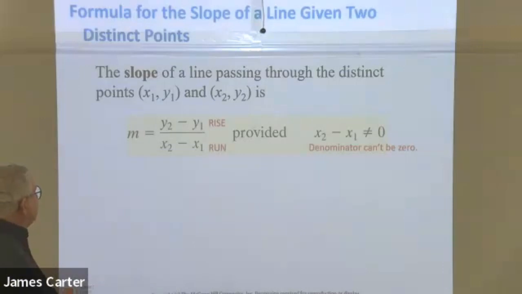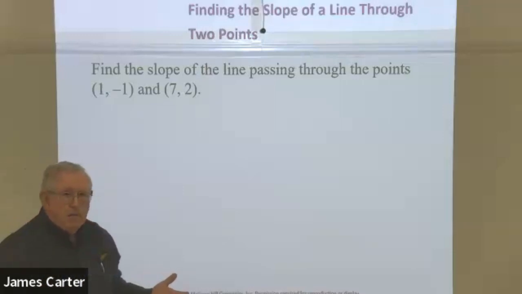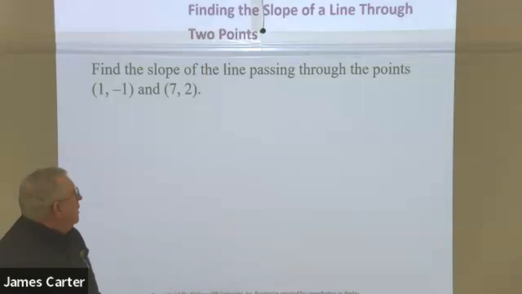Okay, the rise over the run. Now, here are 2 points. They're going to work this problem in a way that I don't care for. They're going to call this point 1 and point 2.